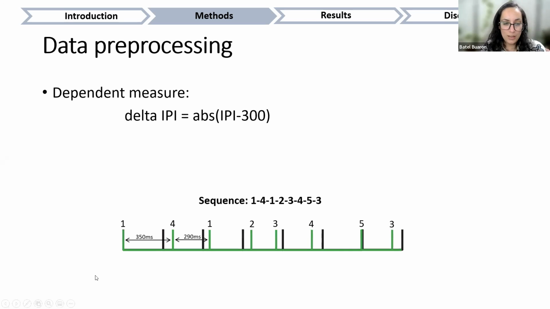And a participant's performance would look something like this, for example. So maybe the difference between the first and second note is 350 milliseconds, so delta IPI of 50, and the second and third note is 290, so the difference would be 10 because it's absolute.